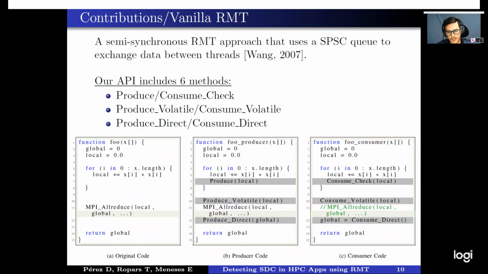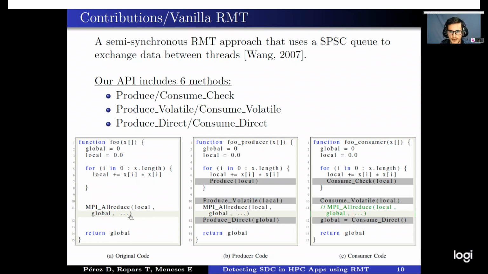What we see at the left is the original code, at the center is the producer or leading thread code, and at the right is the consumer or trailing thread code. What we see here at the left is a for loop that on each iteration modifies a local variable. We see an MPI all reduce that takes this local variable and gathers the value in this global variable.